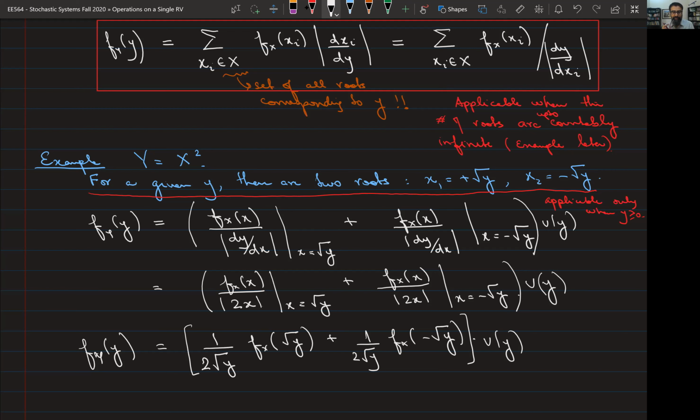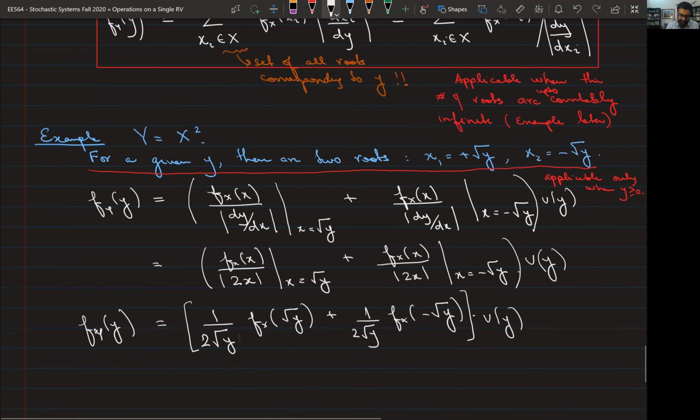Okay, y has to be positive. And that makes sense because if you have a random variable which can take on either negative or positive values, and you're just computing the energy, y equals x squared, that squared value, that new random variable y can never be negative. It can only take on positive values or non-negative values.